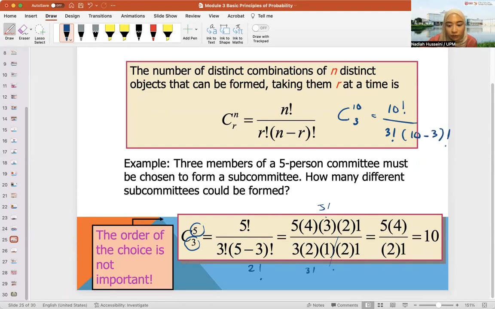This is from the 3 factorial and this is from the 2 factorial. I love to make my life easy, so I'm just going to cancel this out, 3 with 3. I'm left with 5 times 4 divided by 2. So 5 times 4 is 20. 20 divided by 2 is 10. So I have 10 possible ways of selecting a 3-person subcommittee out of the 5. Okay.